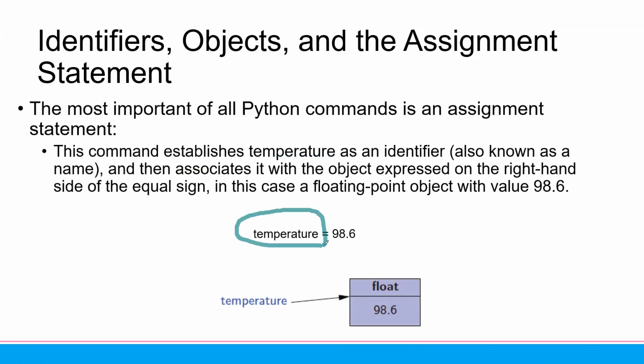I guess you already know about variable. A variable is a kind of identifier or a place to save a value. Instead of identifier, we can say it as a name. We can also say a variable, and it will be associated with an object expressed on the right hand side.